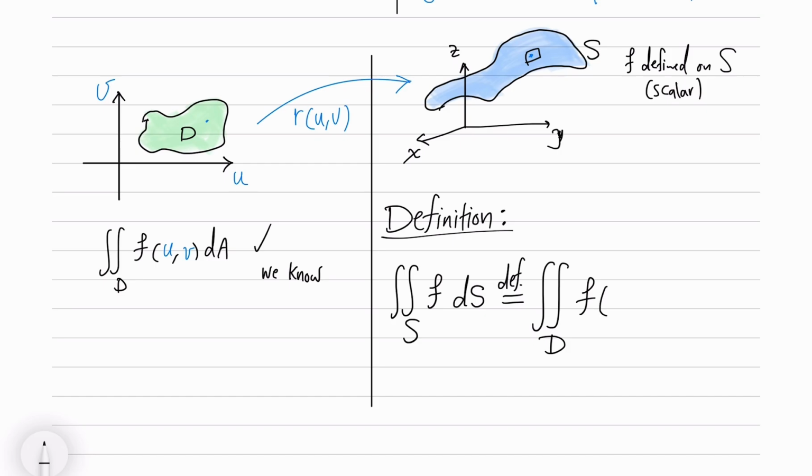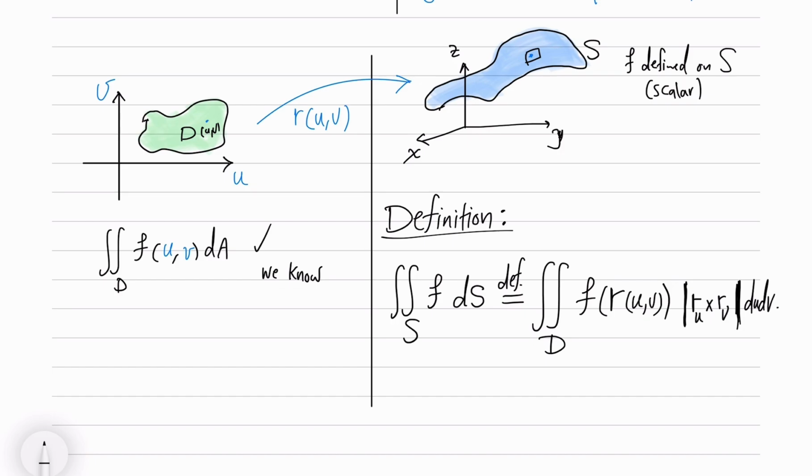And I have to put in u, v, since I'm integrating over the region D, but f doesn't know u, v, so we put (u, v) into r, we travel to S, and now we plug that point into f, and we get some real number. And then we want to do du dv integral, except that we multiply by another value, and this will be the familiar r_u cross product r_v vector, but take an absolute value.